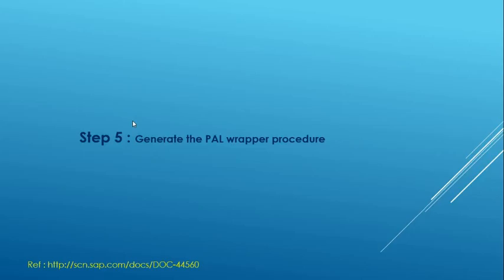Once we have the input data in appropriate format, we should generate a wrapper procedure for the ABC analysis function. In the next few steps, we are going to define the metadata of this wrapper procedure.